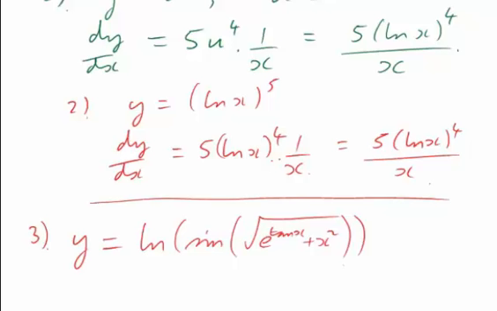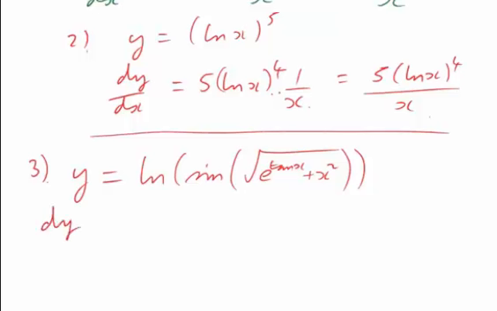I could introduce a u, a v and a w and write this as log of w, where w is the sine of u, where u is the square root of v, where v is e to the tan x plus x squared. It would work. I'd make a long chain, dy/dw, dw/du, du/dv, and so on, and I'd get there in the end. But I don't have to do that.